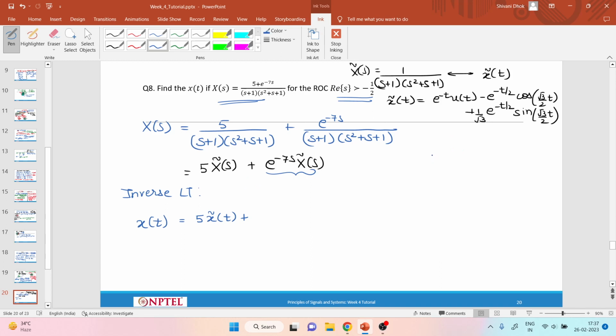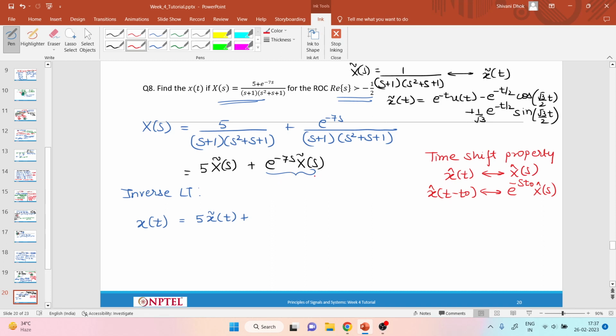Now looking at the time shift property, what it says is: if I have a signal x hat of t with Laplace transform x hat of s, and I shift x hat of t by a factor t naught, then the Laplace transform of the shifted signal will be a scaled version, e power minus s t naught, times x hat of s.